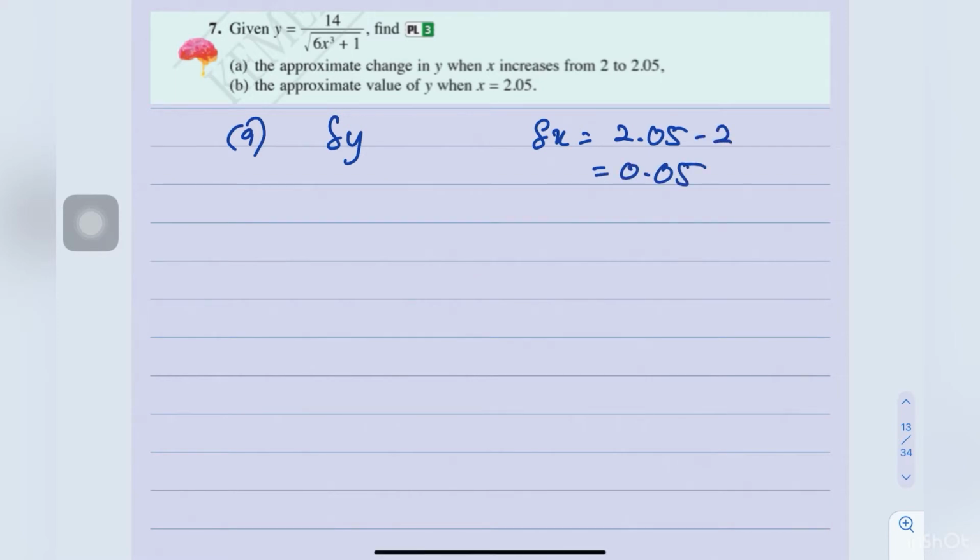To find the approximate change in y, you have to find dy/dx first. So y is 14 over the square root of 6x cubed plus 1.